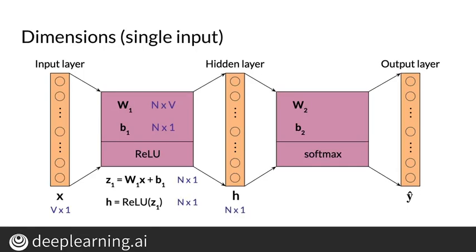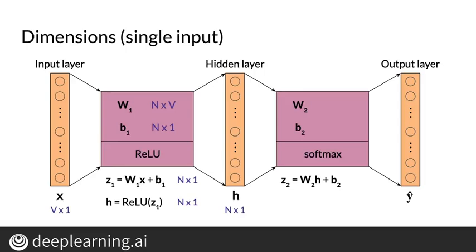So when you multiply W1 by x and add the bias vector b1, you get a column vector with n rows, and passing it through ReLU preserves the dimensions. So as expected, the hidden layer is represented by a column vector with n rows.